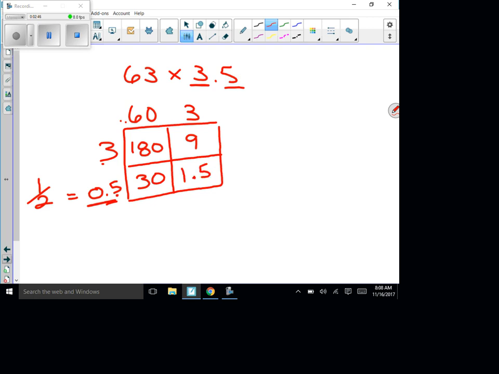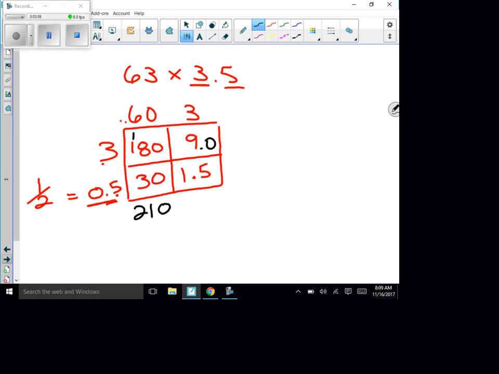Now, something I do differently when I do this method, because the numbers are a little bit weird, is I tend to add them right under the box real fast. 0 plus 0 is 0, 8 plus 3 is 11, and I carry the 1. I'm going to have 210 right there. And then this, you have to remember, is 9.0.